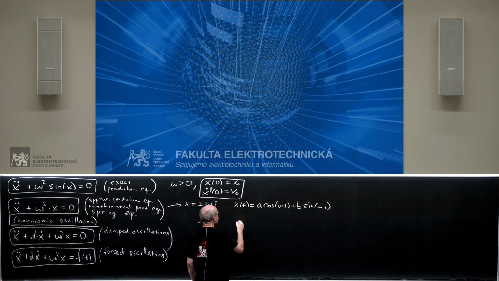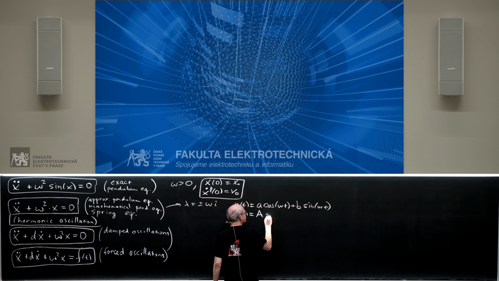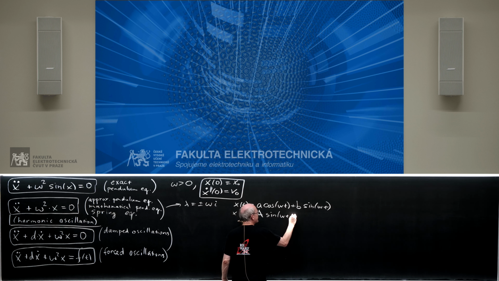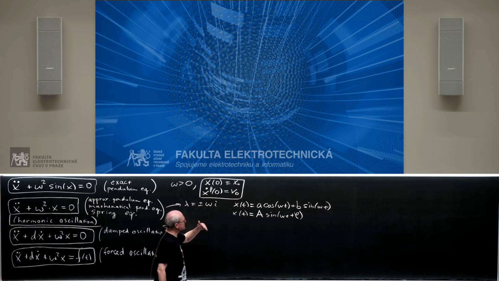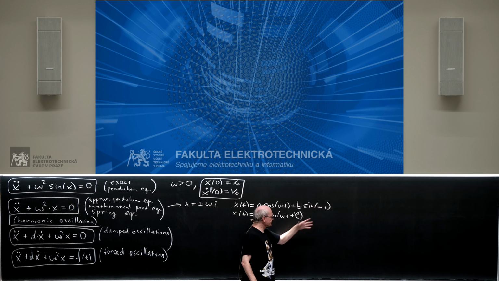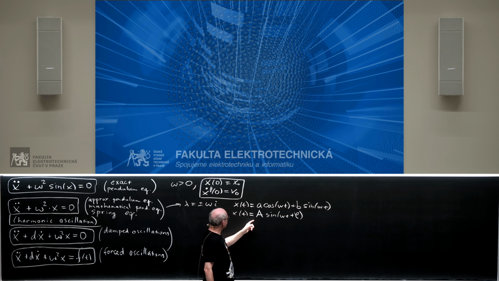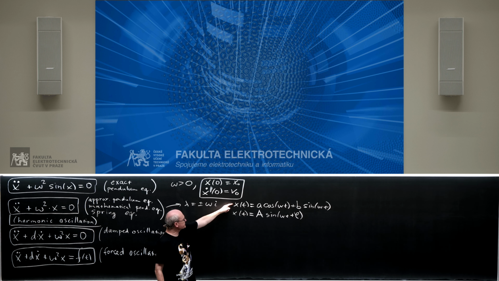This isn't really a problem. In fact, this can be written as some capital A, which is the amplitude, times sine of omega t plus some shift phi. So you simply take the graph of sine omega t, you shift it and you enlarge it by the amplitude A, and you get your result.